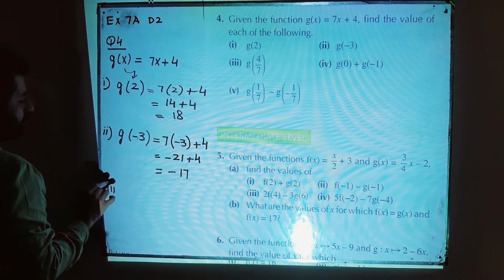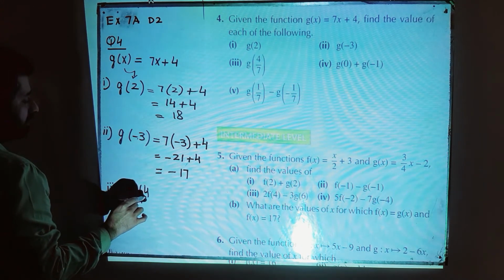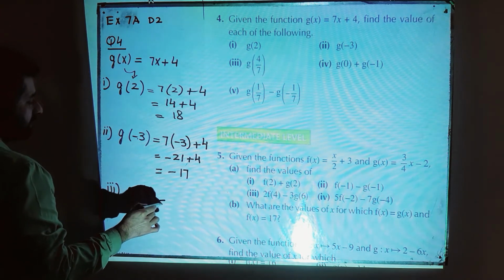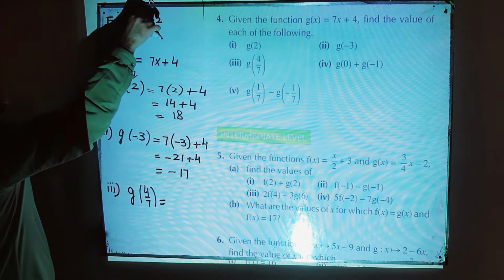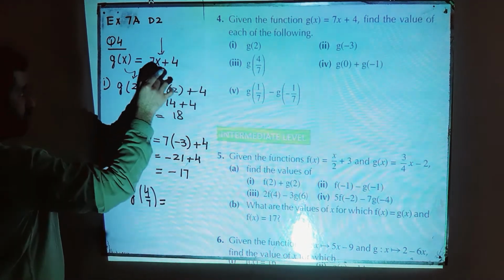Part number 3, you need to find the value of g when x is 4 by 7, that is in the form of fraction. So x is to be replaced by 4 by 7 over here.